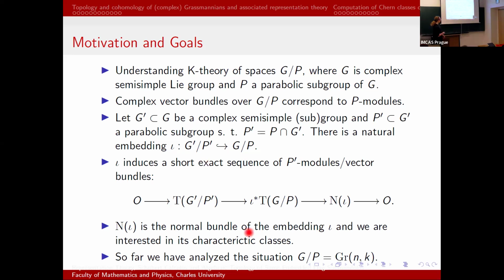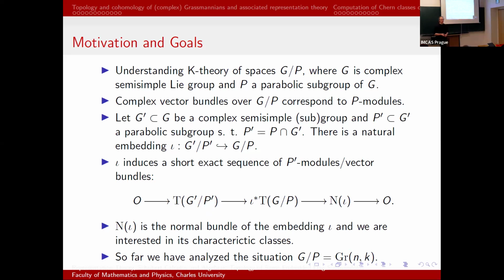In the middle, we can restrict the tangent bundle of G/P over the subspace G'/P'. Inside this bundle, we can find the tangent bundle of G'/P' as a subbundle, and then we define the normal bundle of the embedding iota as the quotient of the restricted tangent bundle by the small tangent bundle.